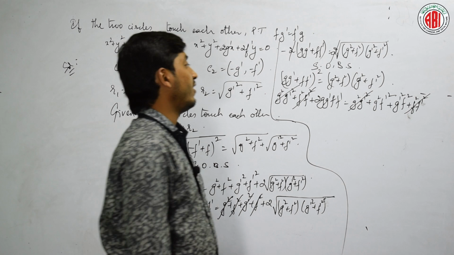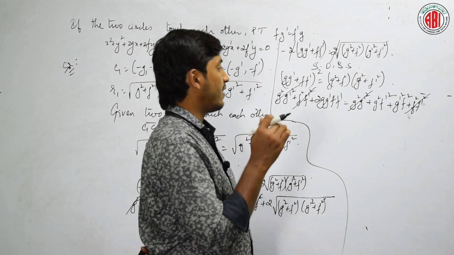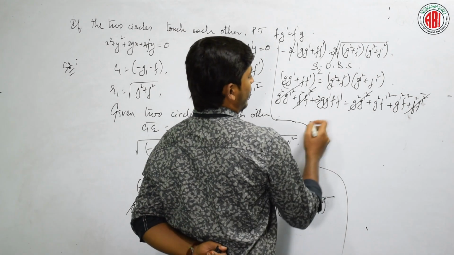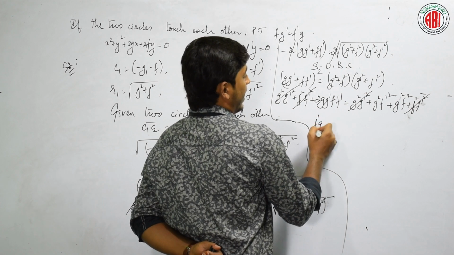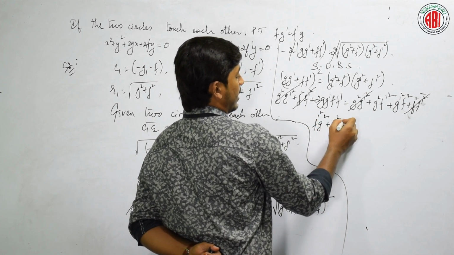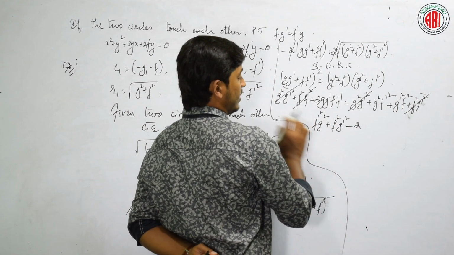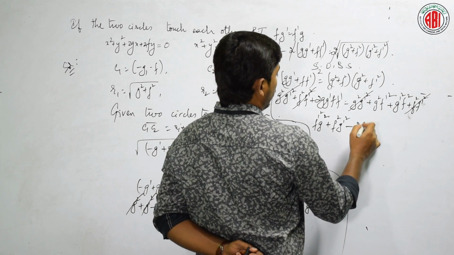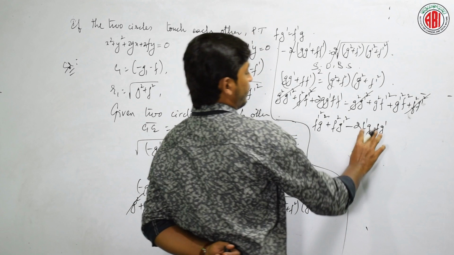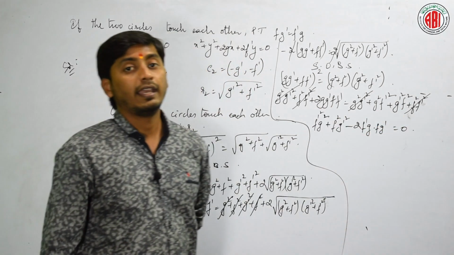Clear? What shall we do now is, let us take this term to that side. What do we get? f dash square g square plus f square g dash square minus 2 f dash g f g dash is equal to 0. Clear?